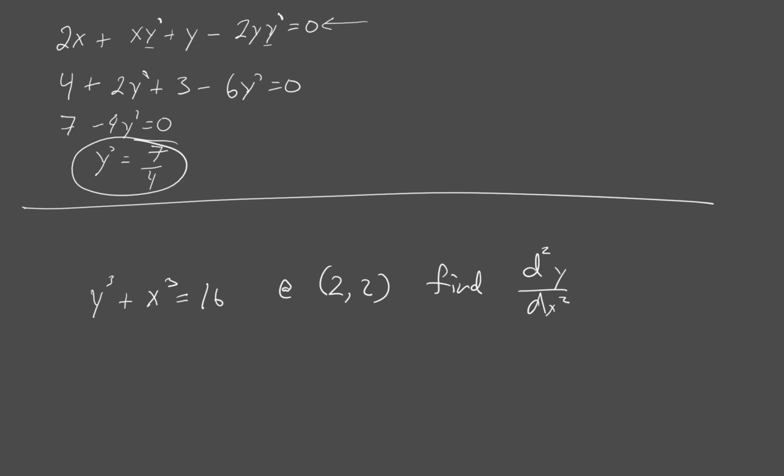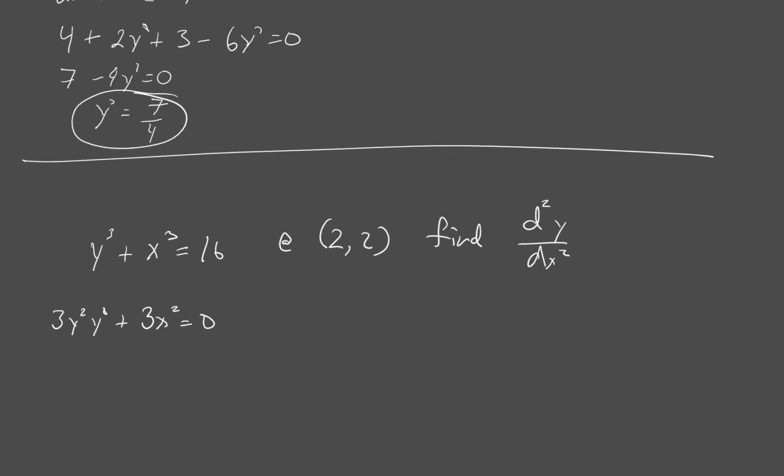Okay, so we're going to find the first derivative first. And so I've got 3y squared y prime plus 3x squared equals 0. Okay, and I can solve for y prime to get the first derivative. And I actually have to do the algebra here. I can't plug in the number. I could get the value of the first derivative, but I can't get the first derivative as a function.